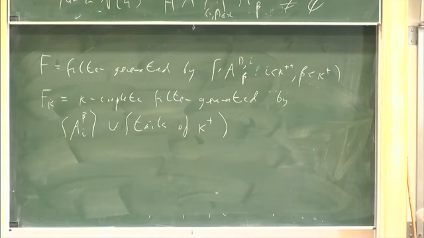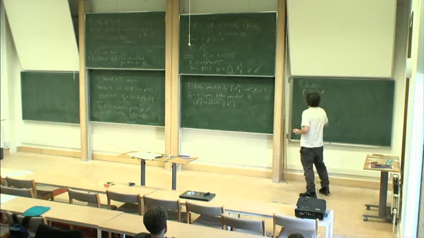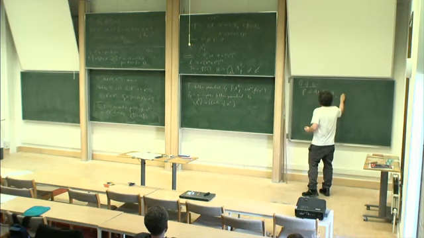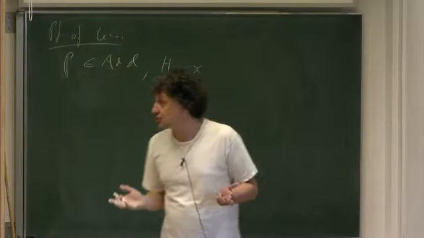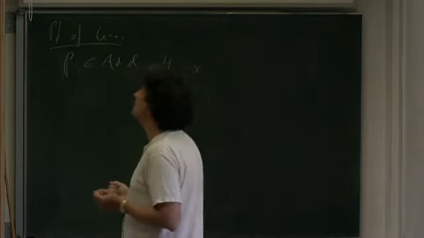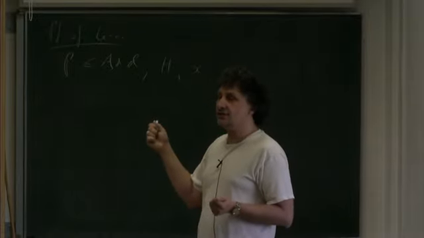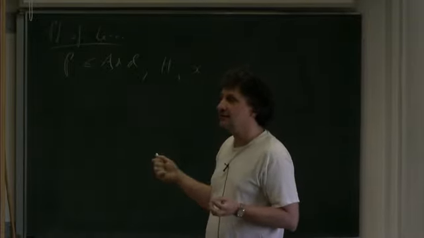So, proof of lemma. P is an add condition. I've got my H, I've got my X. Well, what am I trying to do? I'm trying to find some alpha in H which I can force into all these sets.